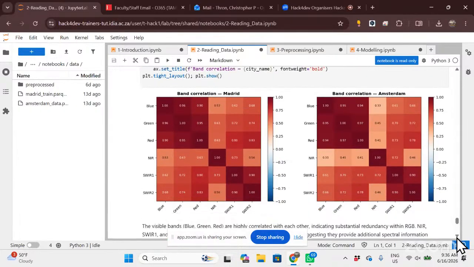We're measuring 6 different types of radiation, but it turns out that some types really are almost the same. This one says blue, green, and red basically give you the same information. It does say blue, green, and red is quite different from SWIR1 and SWIR2.